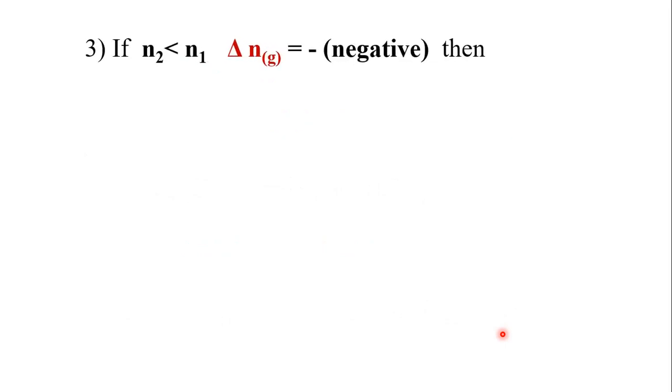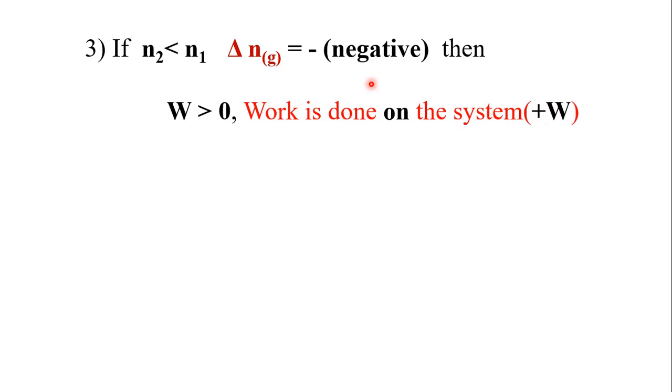The third case, N2 is less than N1. N2 means the number of moles of product and N1 means the number of moles of reactant. If the number of moles of product formed is less than the number of moles of reactant, then delta N is negative. The value of delta N becomes negative, and then in such cases W is greater than 0.